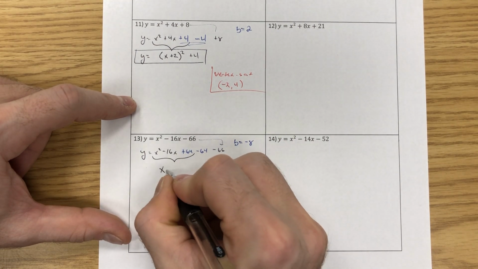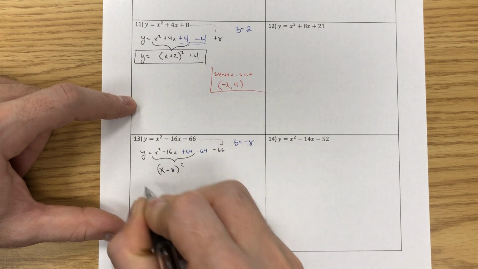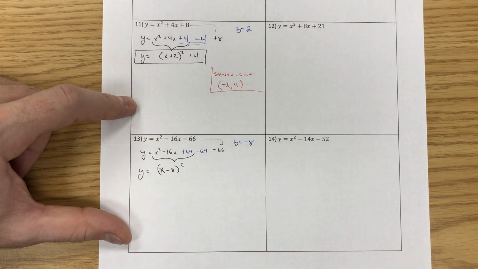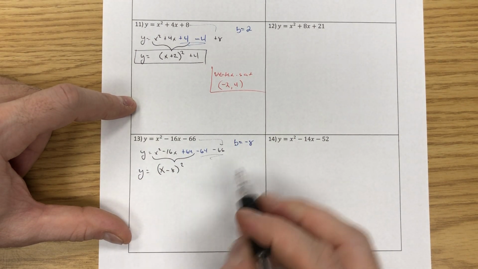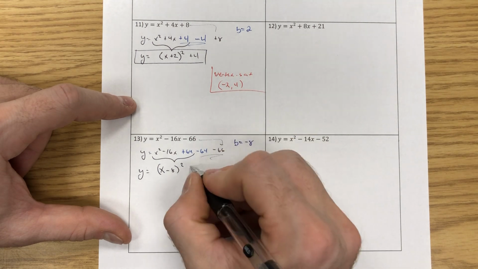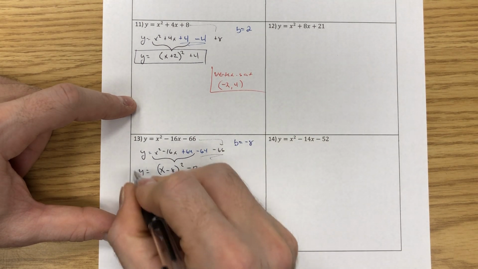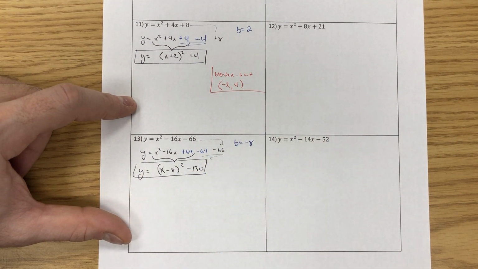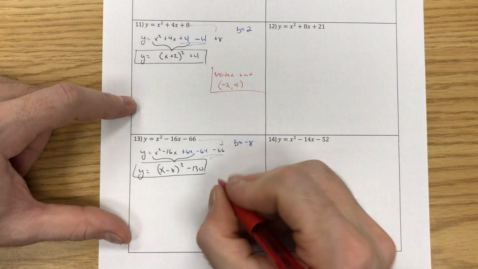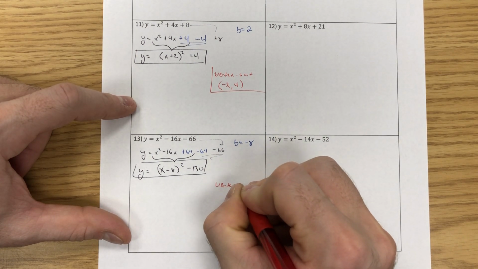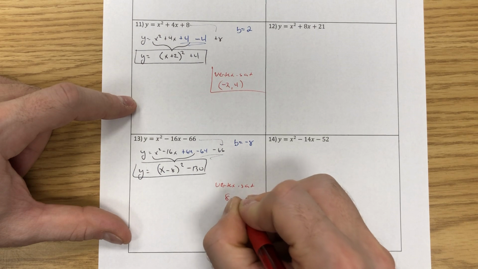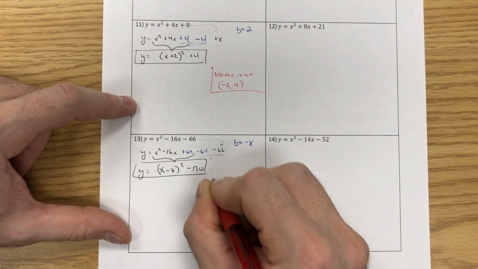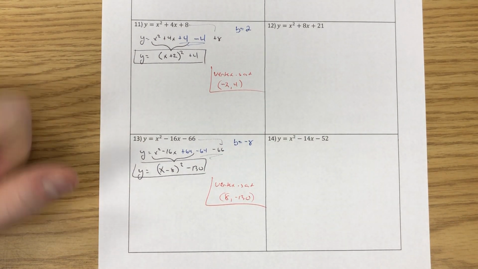This allows me to say that's x minus 8 squared. And the next thing I'll do is I'll say, okay, that's 130. And if we wanted to show off, our vertex here is at 8, -130. Done. And there we go.